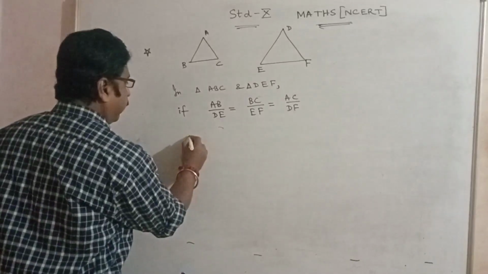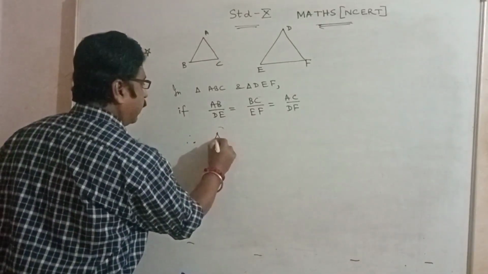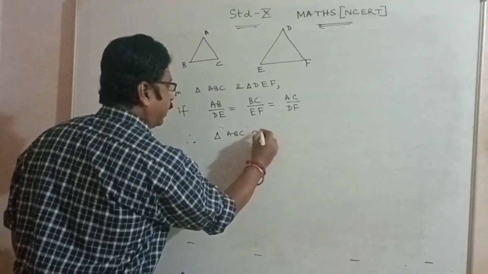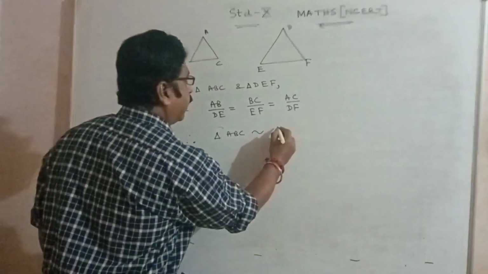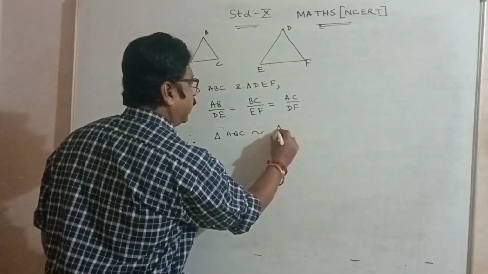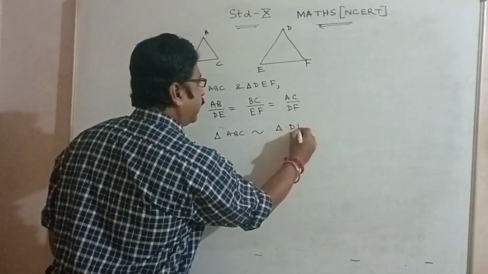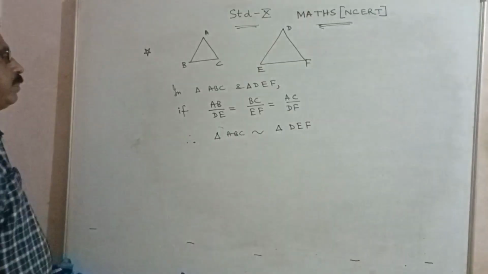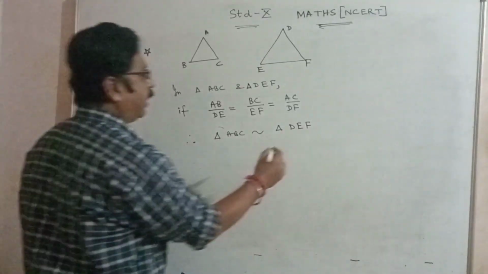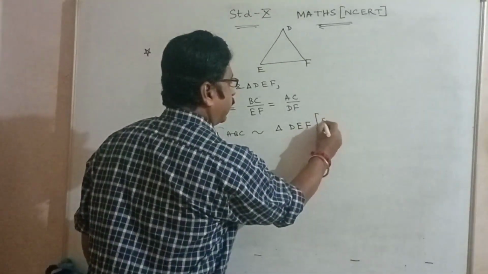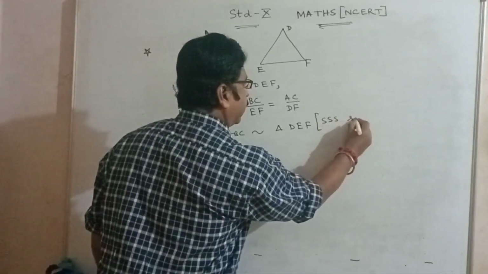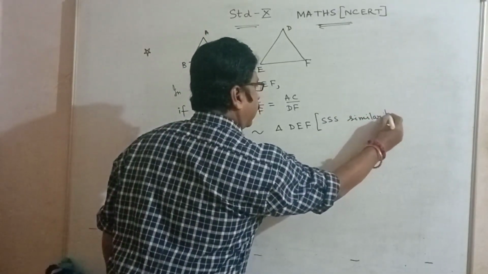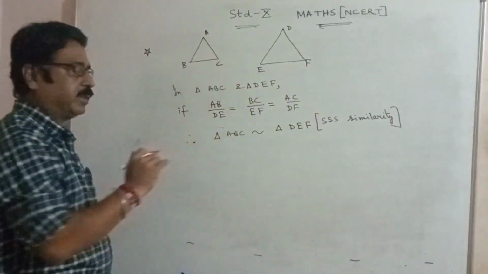Then we can say triangle ABC is similar to triangle DEF. Side similarity. Already you know this.